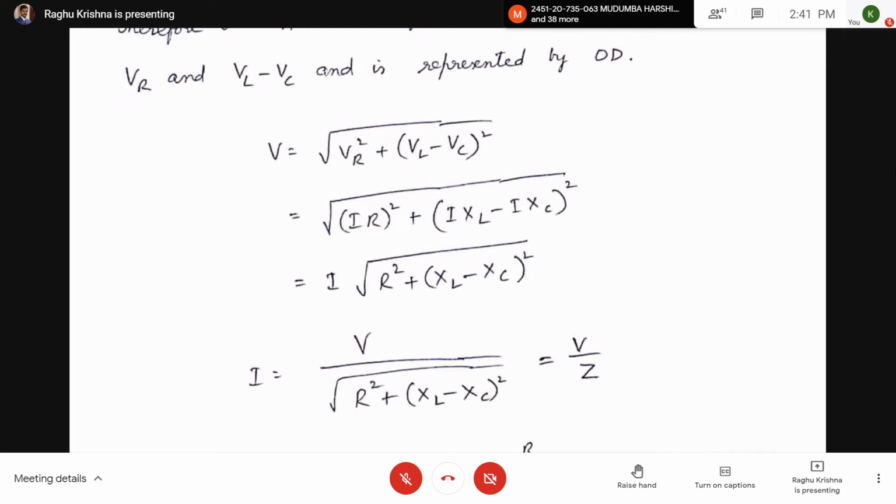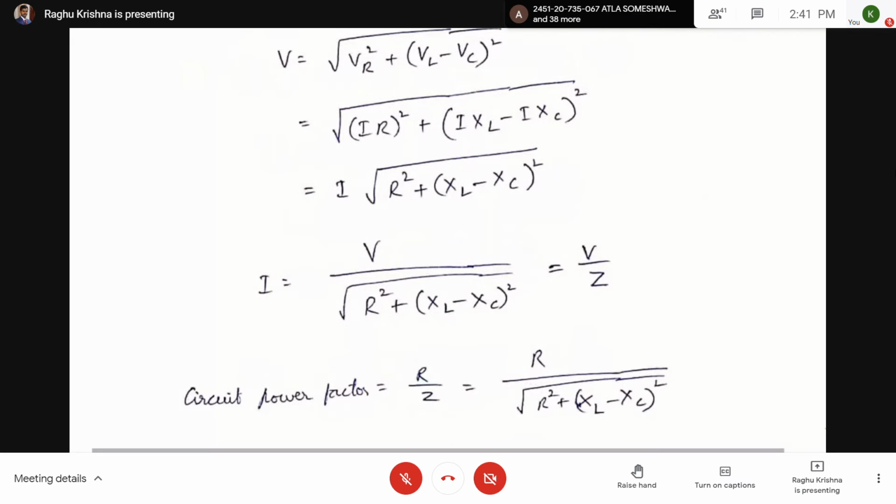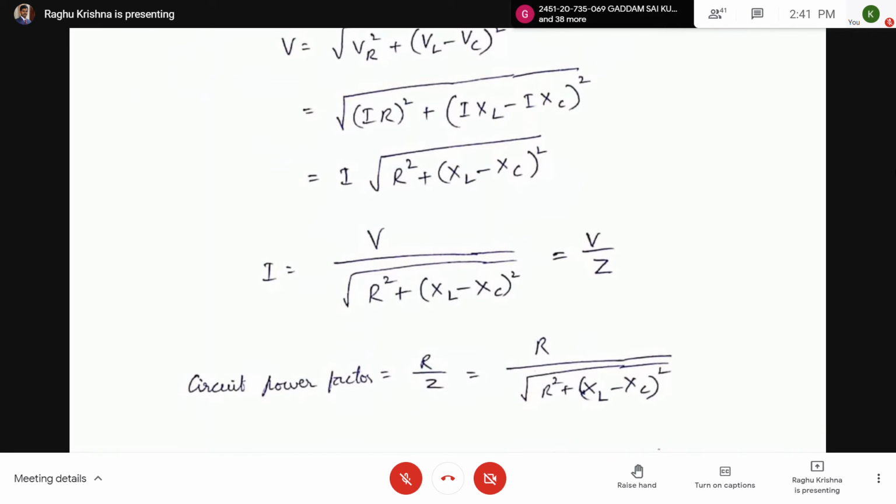So if you add those voltages, finally you are going to get under root of IR whole square plus, so you can see the formula equation.